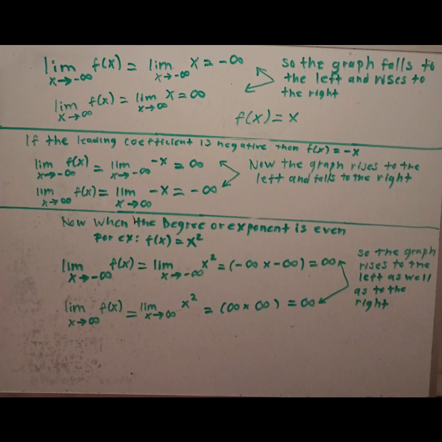So we get positive infinity. Next, we put positive infinity into the function x squared, and positive infinity times positive infinity equals positive infinity. The sign doesn't change. So the graph rises with negative infinity to the left, and rises with positive infinity to the right.